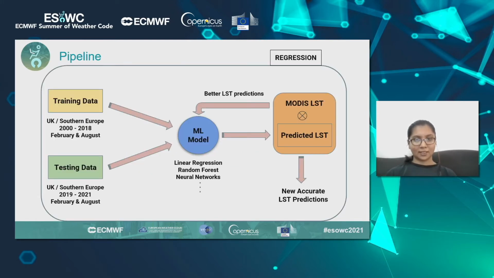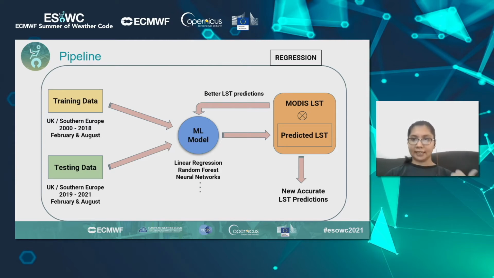Okay, so here is the pipeline for regional estimation. We model this entire process as a regression problem, primarily because land surface temperature is a real valued variable, and we compare that against some modest ground truth land surface temperature values. There are three important components in this pipeline.